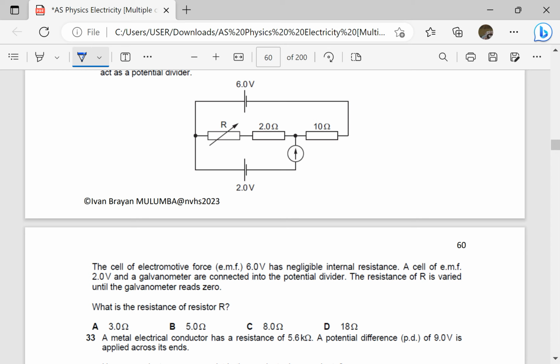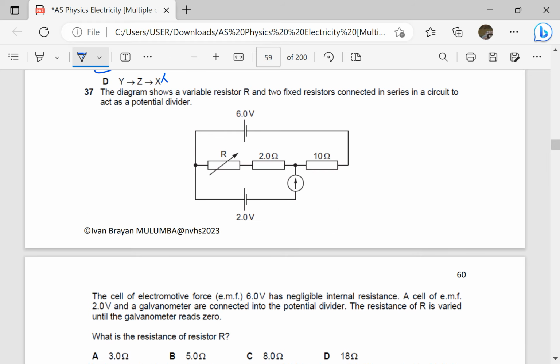That is very beautiful. When the galvanometer reads 0, it means the PD across these 2 points is the same as 2 volts. So it means the PD across the fixed resistor plus the PD across 2 ohms should give us 2 volts.